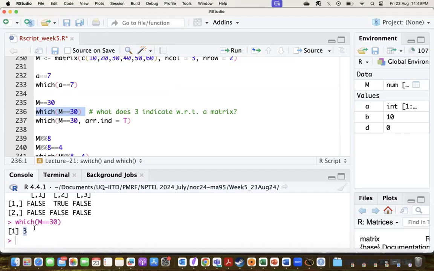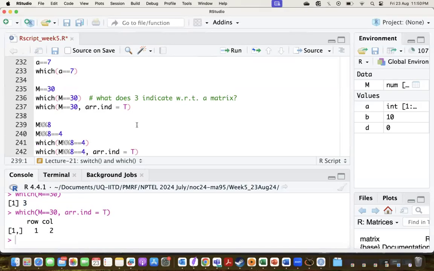That is the third element of the matrix. What does the third element of a matrix mean, right? So it means that when you're reading the matrix column-wise, doesn't matter whether you filled the matrix row-wise or column-wise, a matrix is read column-wise by R. So when you're reading it column-wise, then the third element is 30.